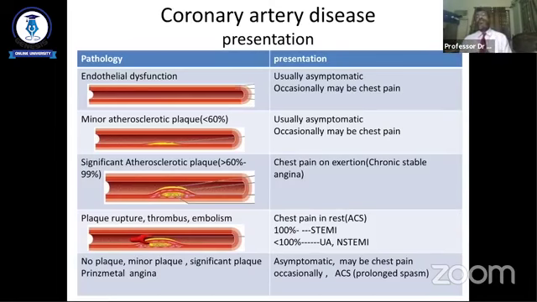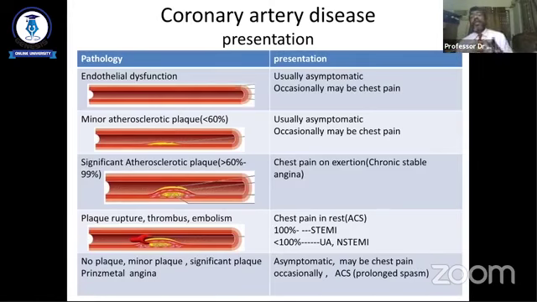If they have uncontrolled diabetes, they may have a raised triglyceride level, a raised total cholesterol level, or a reduced or low HDL level. That may be a risk factor for coronary artery disease or acute coronary syndrome.